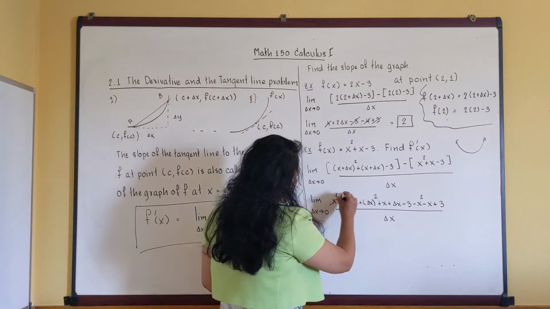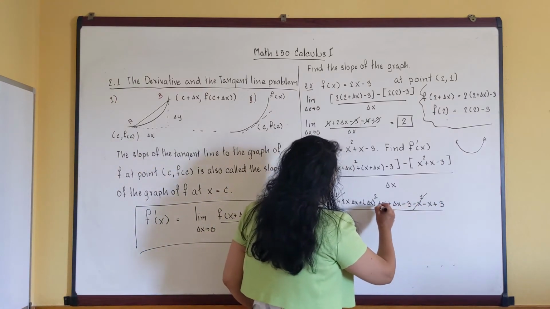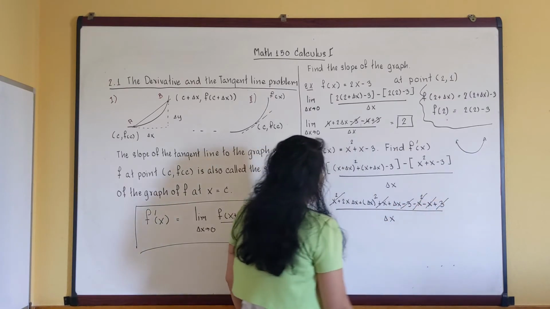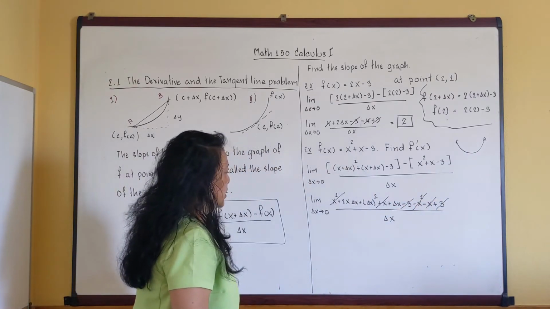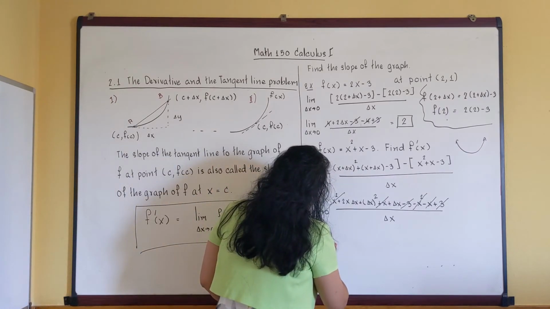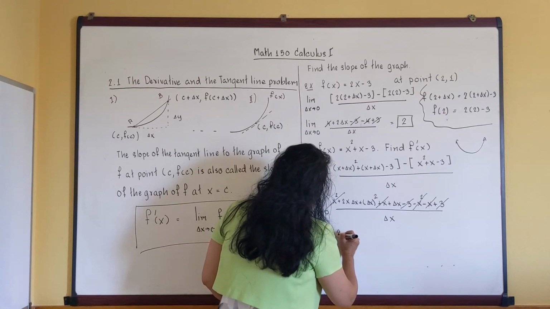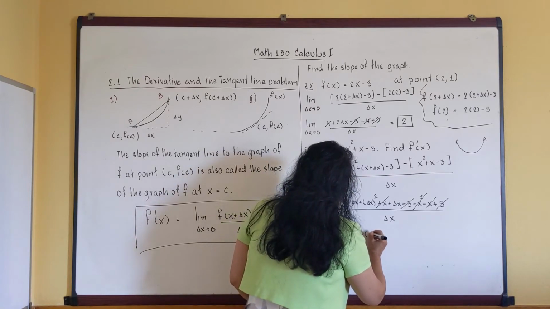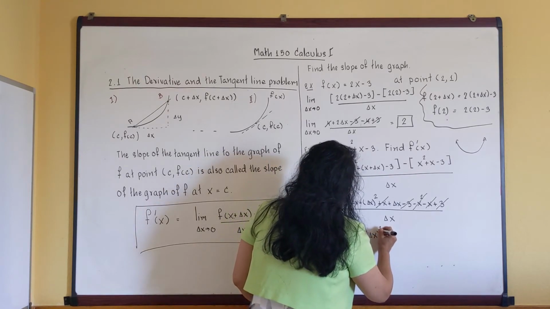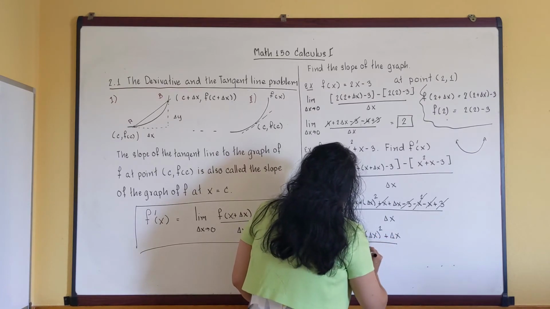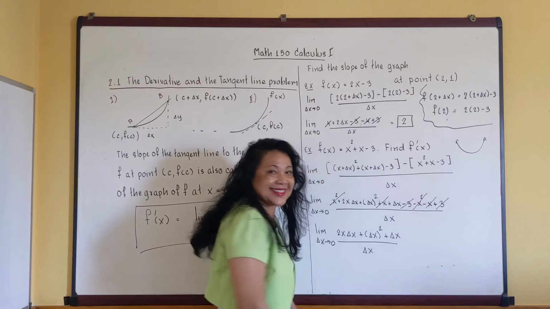Alright, next step I'm going to simplify. I can reduce x squared, and x minus x, and plus 3 minus 3. I think that's about it. So I'm going to be left with the limit as delta x approaches 0 of 2x delta x plus delta x squared plus delta x, over delta x.